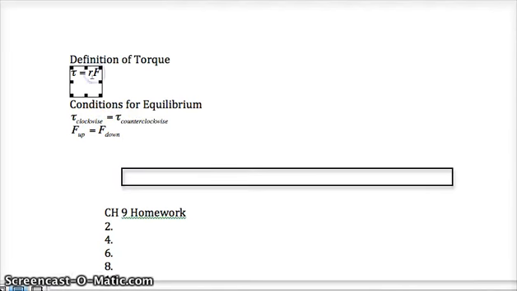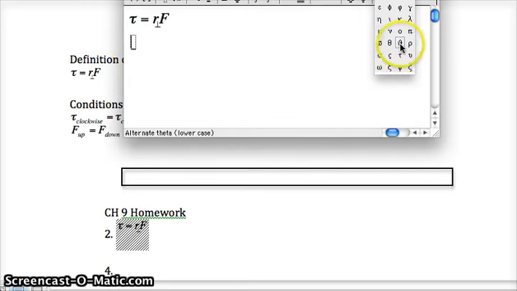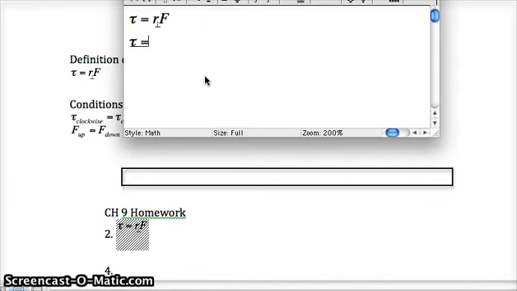So you're just using this formula, that the torque is equal to the perpendicular distance times the force. So the perpendicular distance, here I'll just work it out in here. Torque is equal to the perpendicular distance, which is 3, times the force.